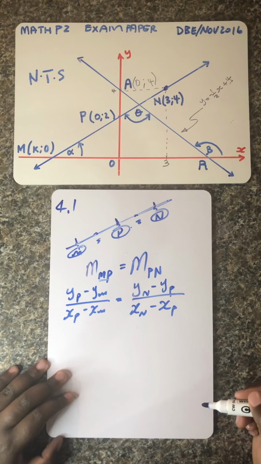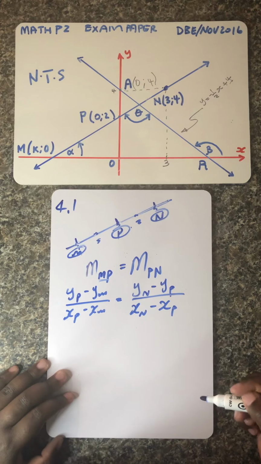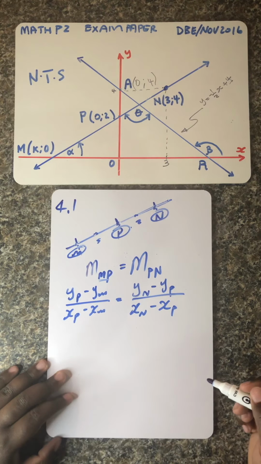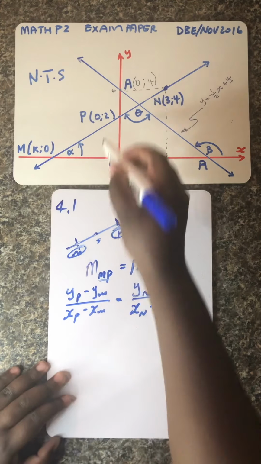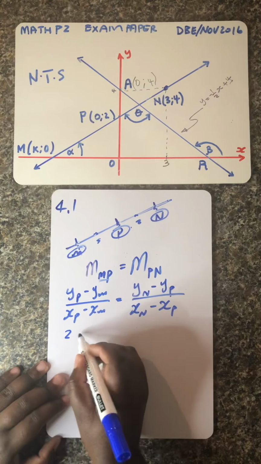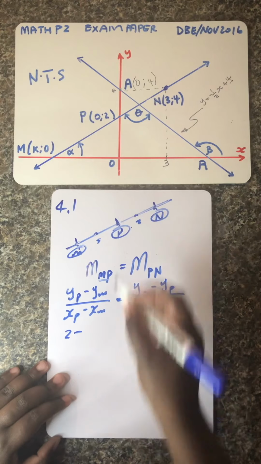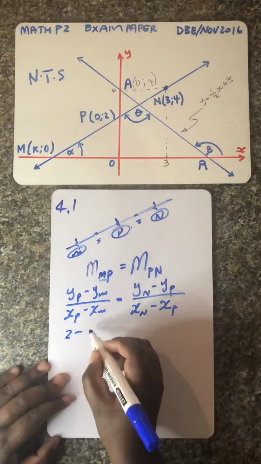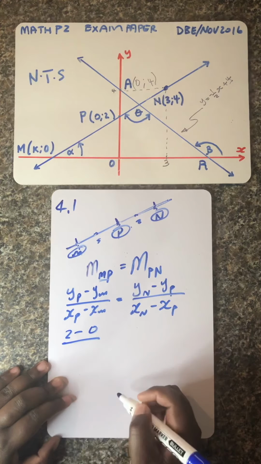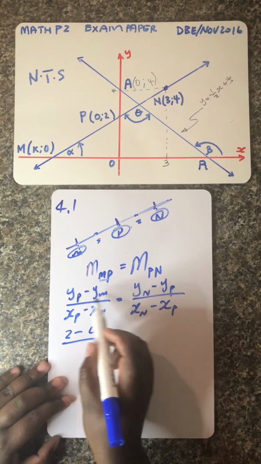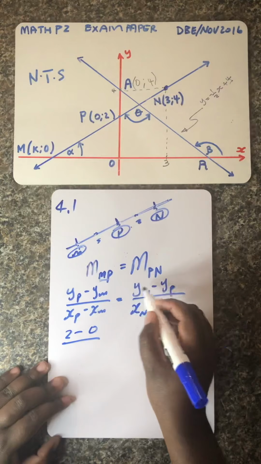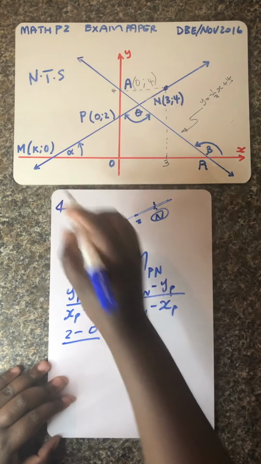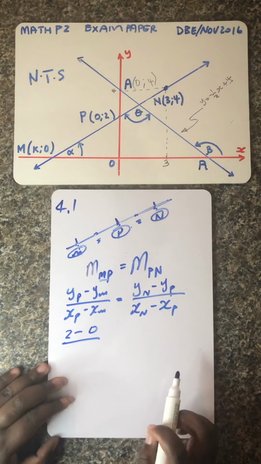Remember, the question wants us to calculate the value of K. Okay, so now let's see, what is y of P? Y of P is that one, it is 2, minus what is y of M? It's 0. I hope no one is lost, because I've assigned these y values and x values those letters.